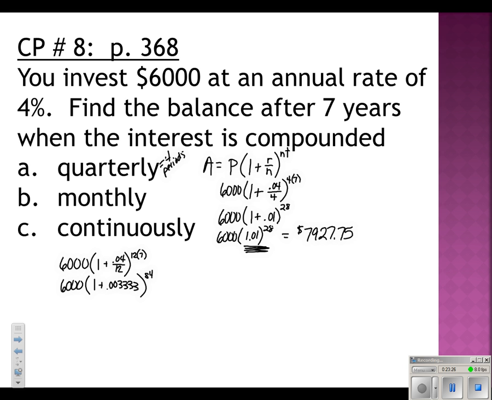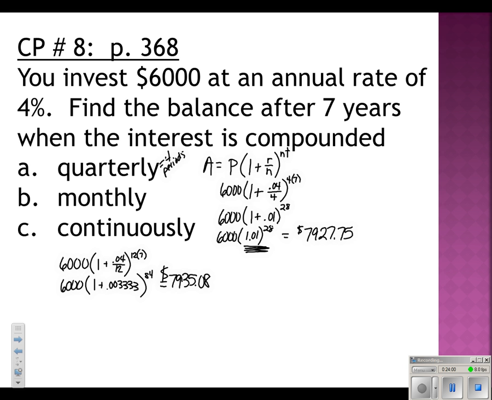You won't be quite right. So when I punch this one into my calculator, inside the parentheses I did the 0.04 divided by 12. I added on the 1 and hit enter, and I did not clear or write that. I just took that and raised it to the 84th power, and then I multiplied by 6,000. And that way I ended up with $7,935.08.